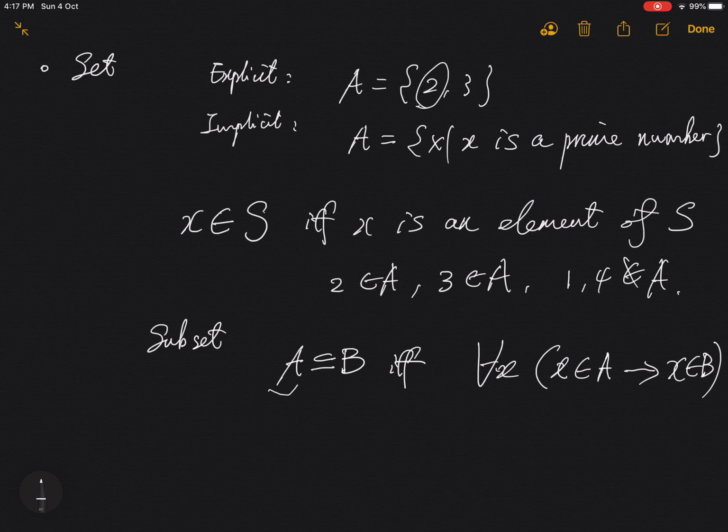A is a subset of B if and only if for all X, if this element X belongs to A, then this X also belongs to B. That's the relationship between A being a subset of B and the predicates.